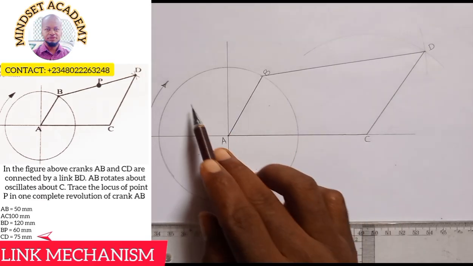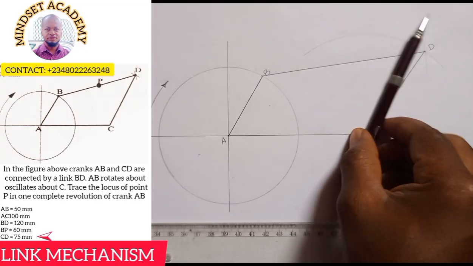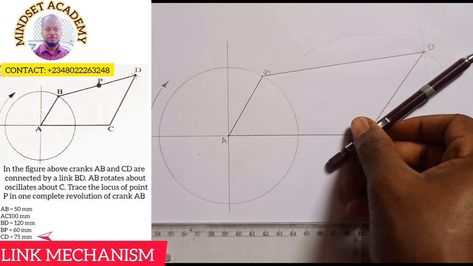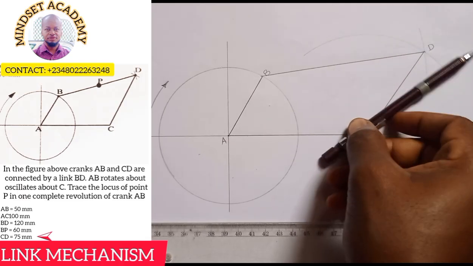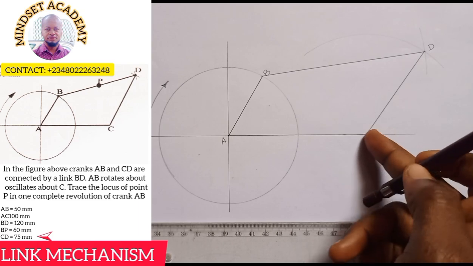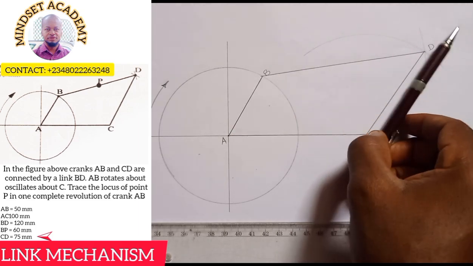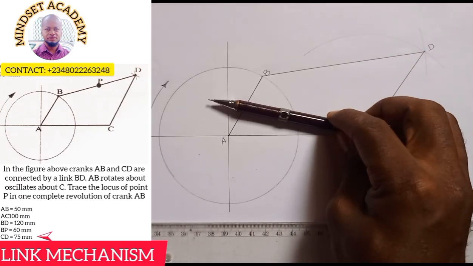This is the crank. As this rotates, this point moves in this manner. It oscillates. That's what I mean by oscillation. It's not going 360, it's going maximum is 180. It's oscillating like this. So C is fixed, but D is moving along this path. So as B rotates in a clockwise manner, D is going like this.